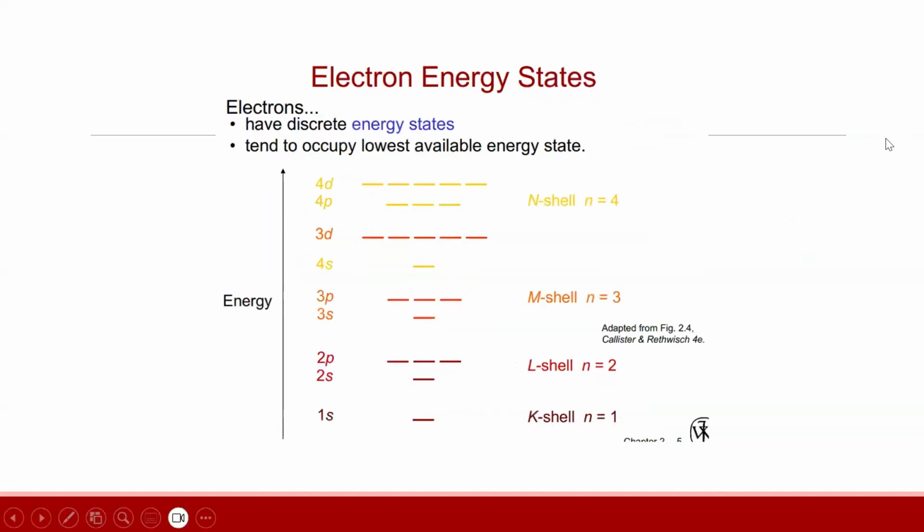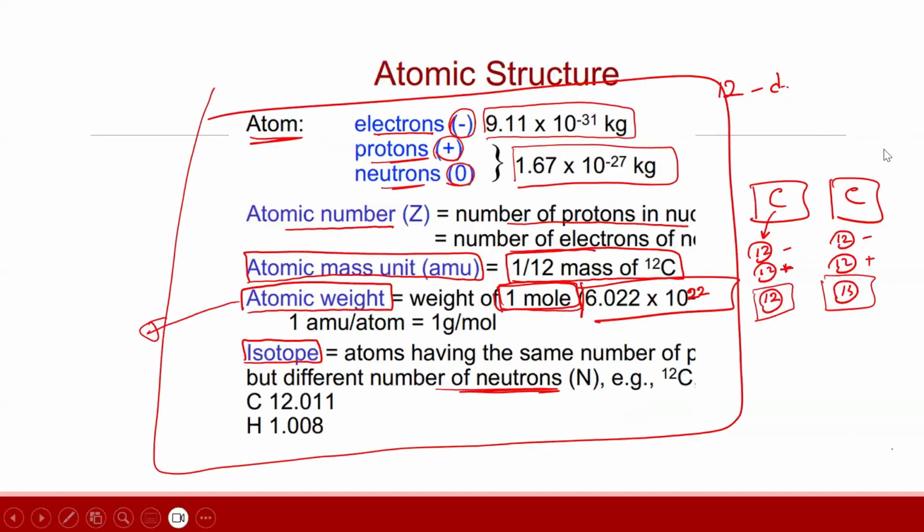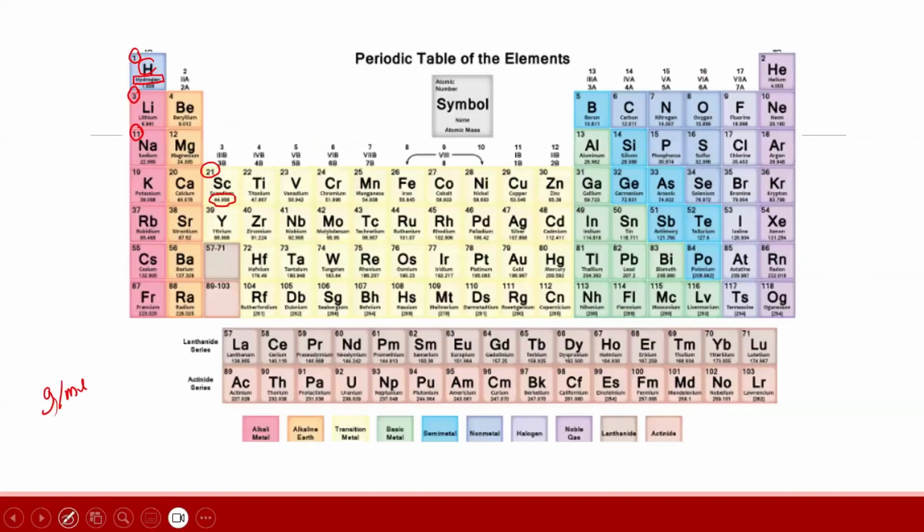So when you look at the periodic table, I told you this column shows you how many electrons are at the outermost shell. So hydrogen has 1 electron at the outermost shell. Barium has 2 electrons at the outermost shell. But if you look at boron, it has 3 electrons, carbon 4 electrons.